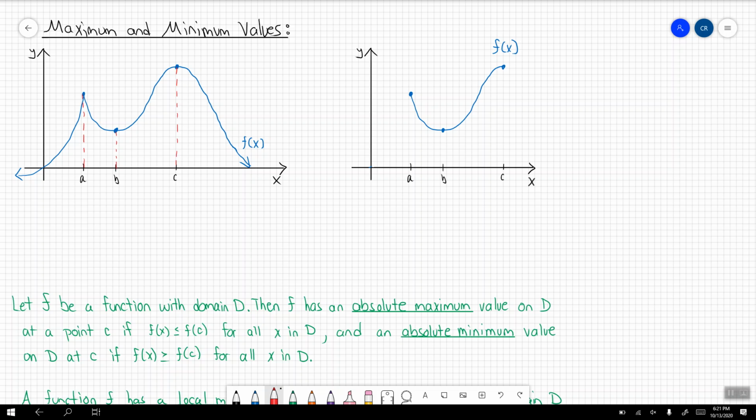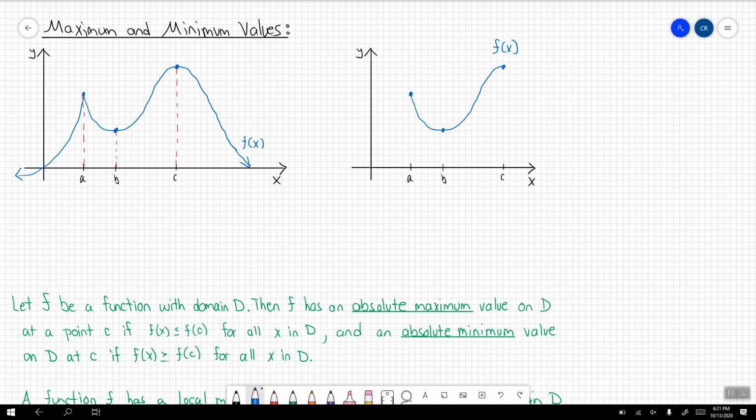However, when we talk about the maximum and the minimum values, what we're doing is we're extracting the function outputs for those values. In other words, what is the y value at its maximum point or at its minimum point? And that's what we want to focus on.